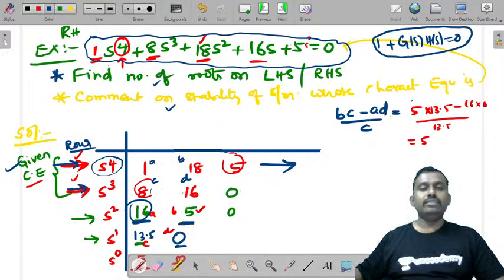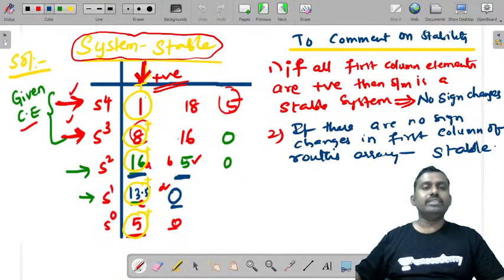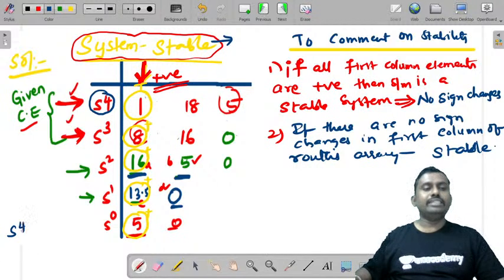Likewise, you'll complete this Routh array, and if there are no sign changes in the given Routh array, then the system is said to be a stable system, when all the roots are on the left half of the S-plane. Because the given polynomial is of s power 4, you'll have 4 roots.